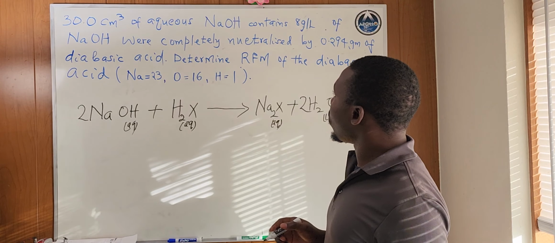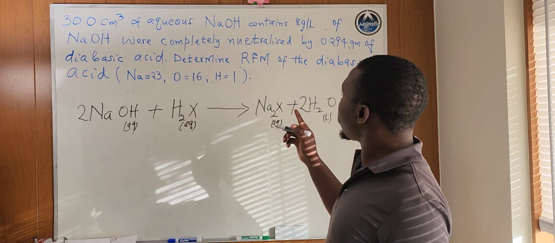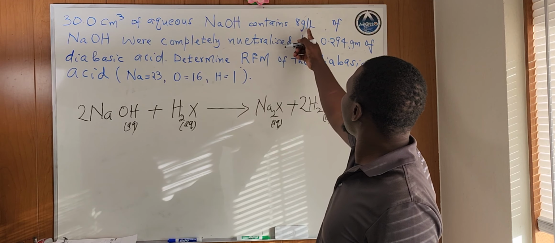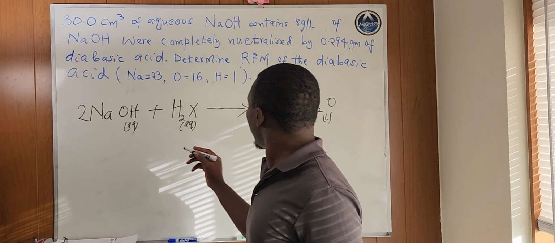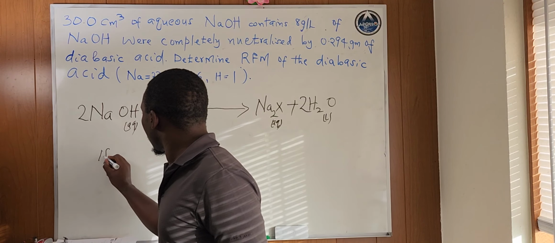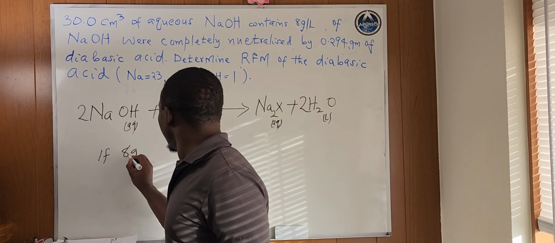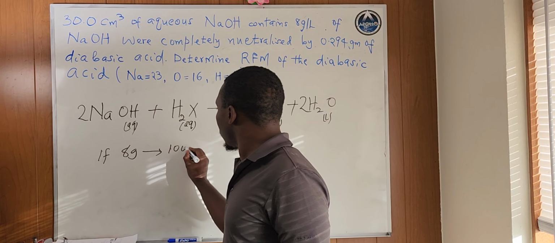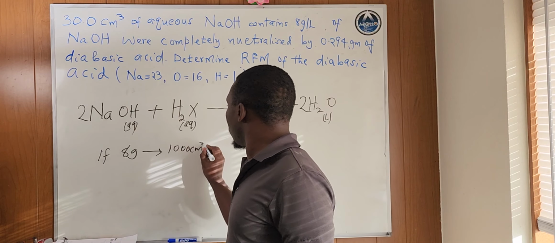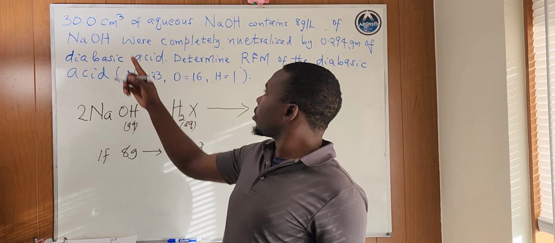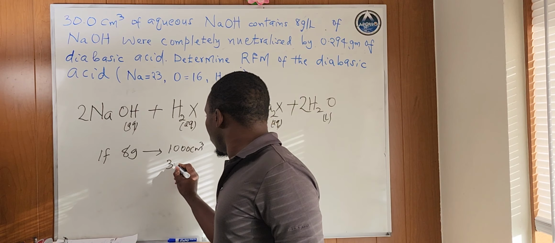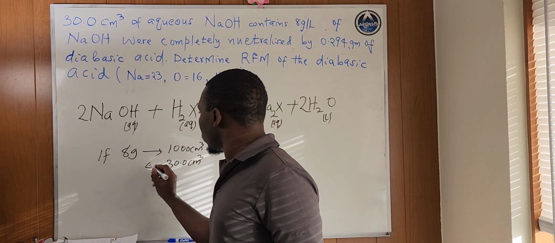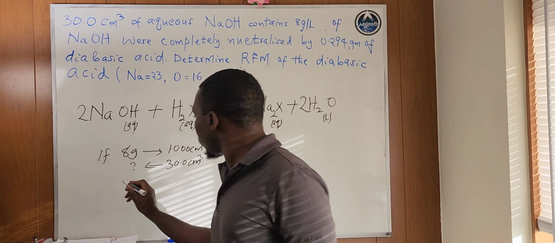The next thing we do is determine the mass of sodium hydroxide used here. We are given that sodium hydroxide contains 8 grams per liter. So if 8 grams is contained in 1,000 cm³, what about the 30 cm³ we are given here? How many grams will it give us?